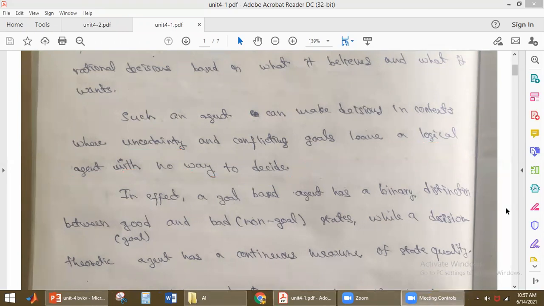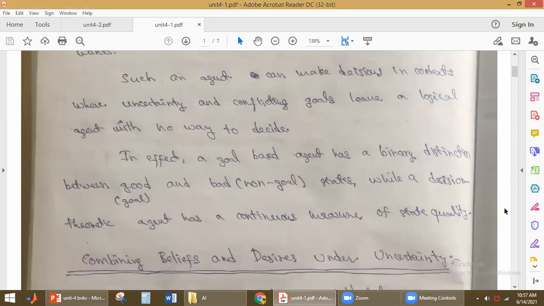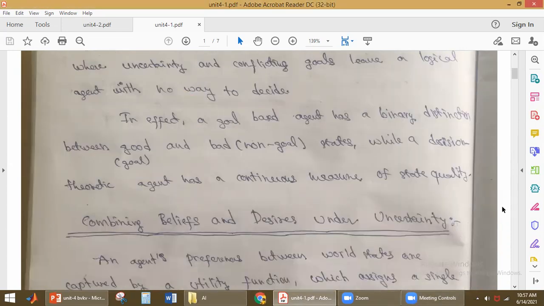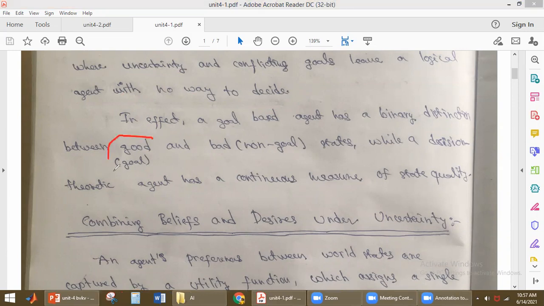Here, if you see the goal-based agent, it has a binary distinction between the goal state and non-goal state. Whenever it reaches the goal state, it gives the value 1. Whenever it reaches a non-goal state, it gives the value -1. So what is this goal-based agent?